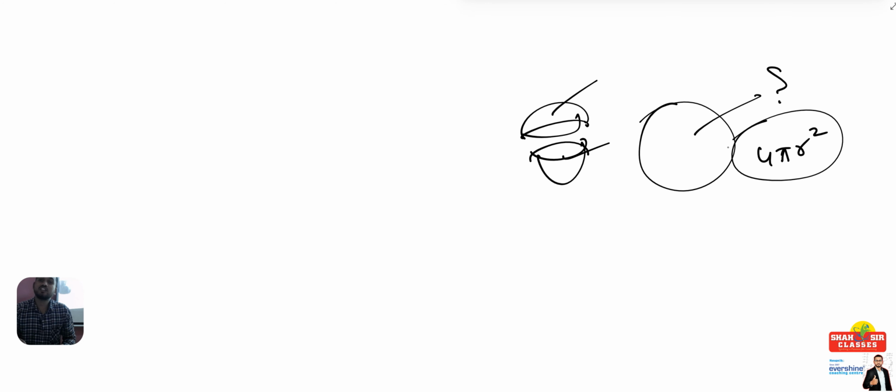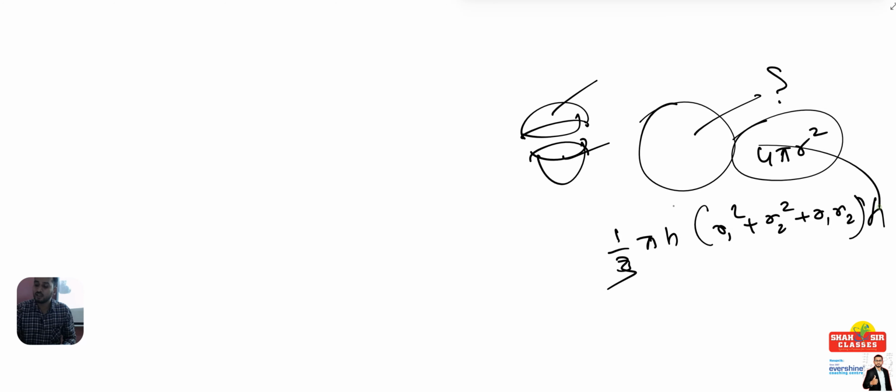Volume of a frustum of a cone? 1 by 3 pi into r1 square plus r2 square plus r1 into r2 into h. Or you can also write it as 1 by 3 pi h into r1 square plus r2 square plus r1 into r2. You can write like that also. That's all.